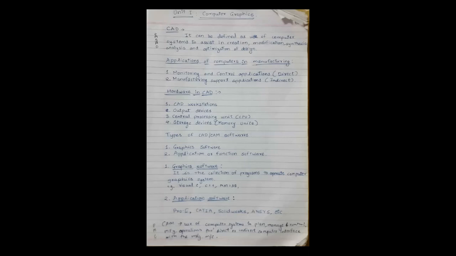So the next point is hardware in CAD. Wherever we use CAD software or CAD systems, there are four components of CAD, like CAD workstations. A CAD workstation is an assembly of a computer system with large memory and large storage disks, because we have to handle large 3D or CAD models and big assemblies.